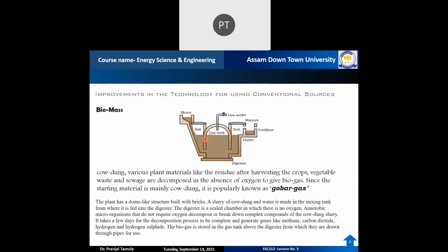Since this is a sealed chamber, the gases cannot escape and get accumulated in the upper part of this dome. After accumulation of a sufficient amount of gases, we can tap them for our household purposes. And whatever is left behind in the digester, we can use as manure or fertilizer for our crops.